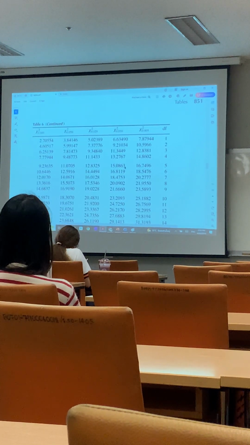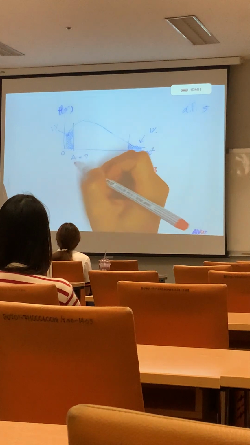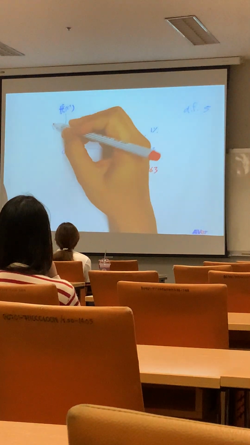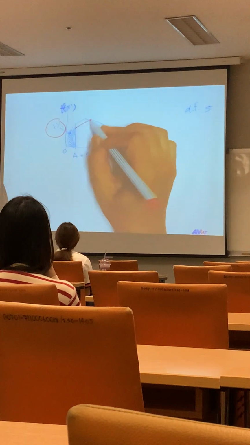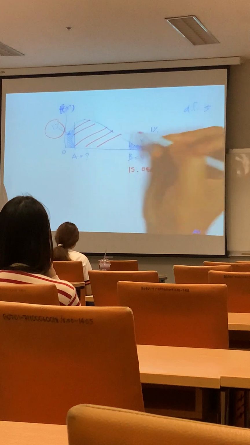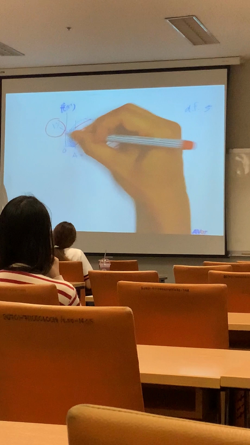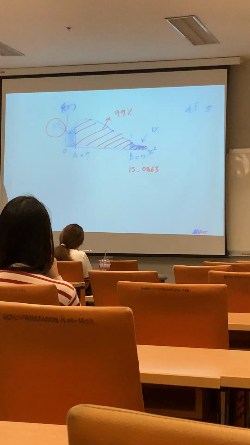But what about this value here? What is A? The table only tells the chi-square value for the upper tail area. But if the left-hand side, the lower tail, is 1%, it means that the area I highlight in red, including the tail here, will be 99%.